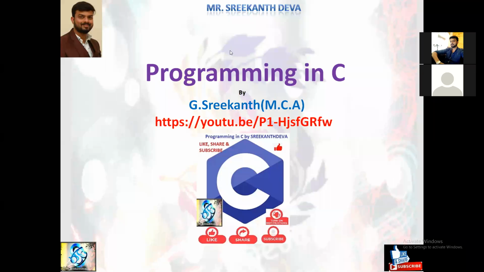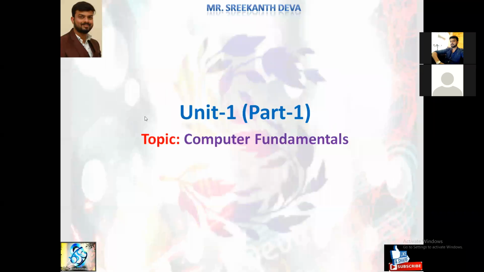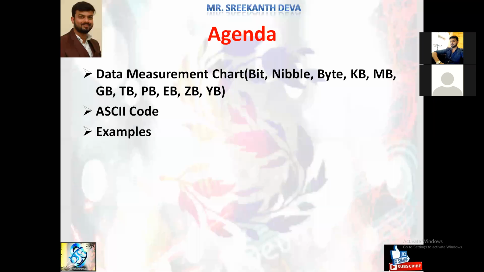Okay, fine. Today in this session, the main agenda is the data measurement chart. Here we are discussing bit, nibble, byte, kilobyte, megabyte, gigabyte, terabyte, petabyte, hexabyte, zettabyte, yottabyte.